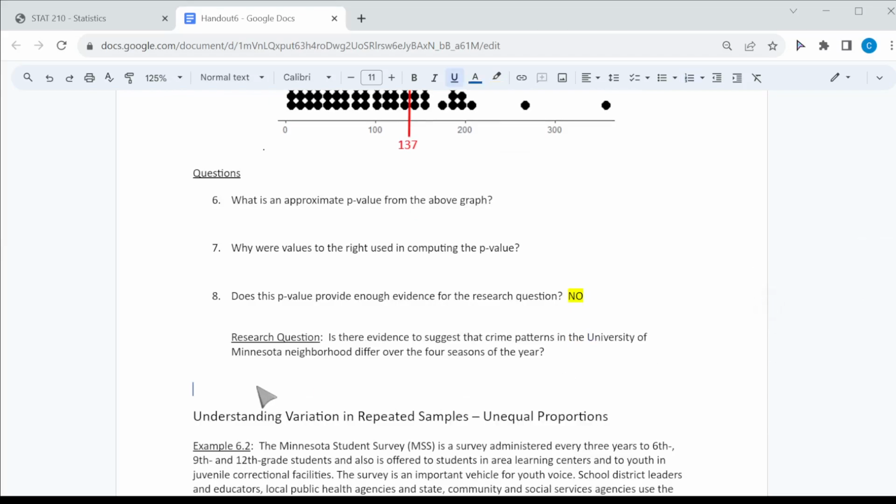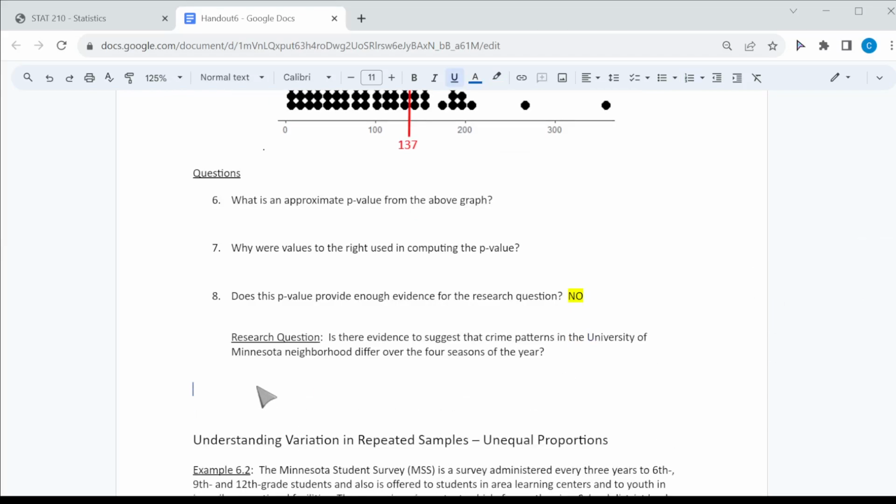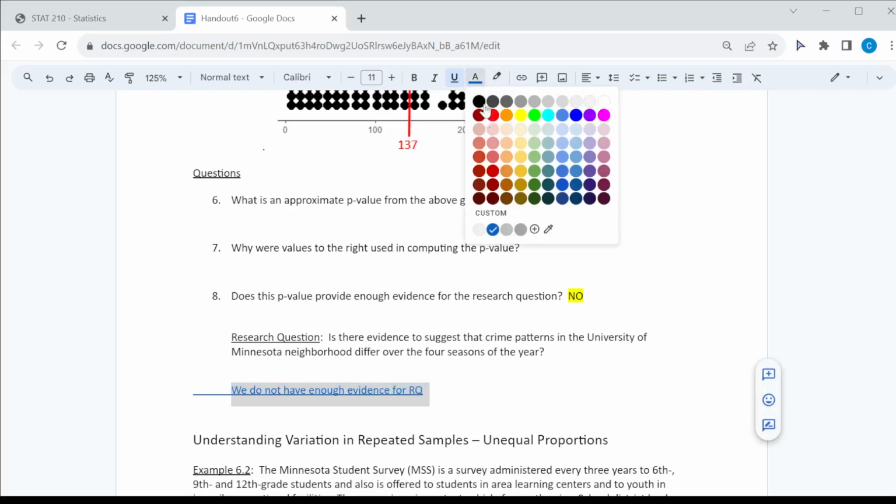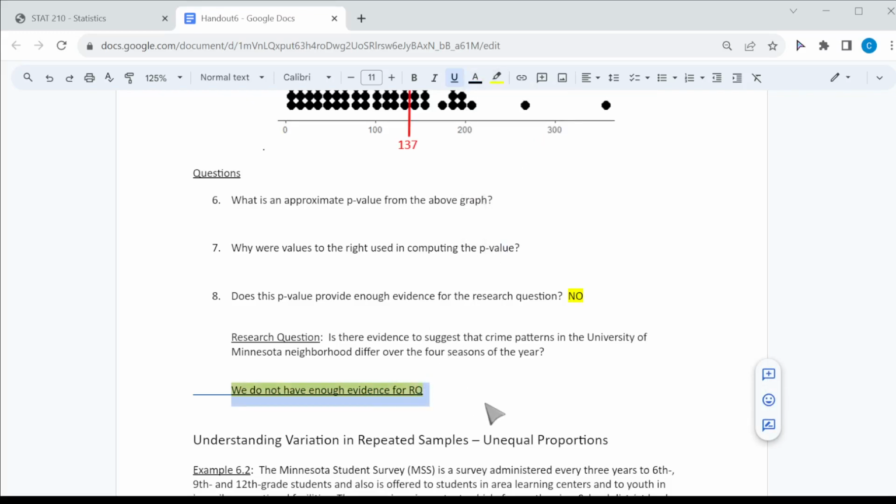So the final decision here is we do not have enough evidence for the research question. Obviously, we'd want to write out a more careful conclusion than that, but you get the idea here.